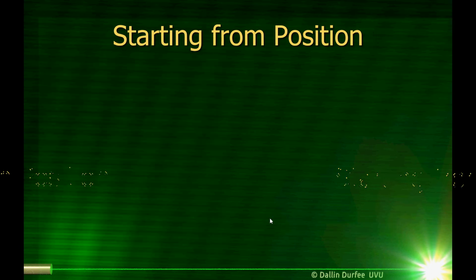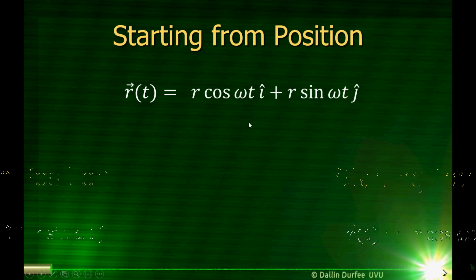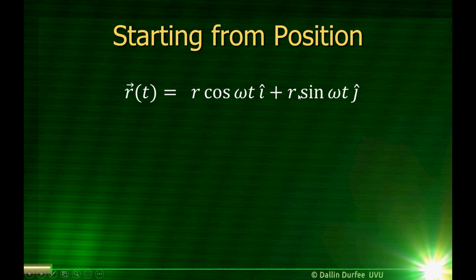So we're going to start from a description of the position of the object as a function of time, and then from that we can find the velocity and the acceleration. So what is the position as a function of time for something going in a circle? Well, it's just the radius of the circle times cosine omega t in the x direction plus r times sine omega t in the j hat direction, in the y direction.